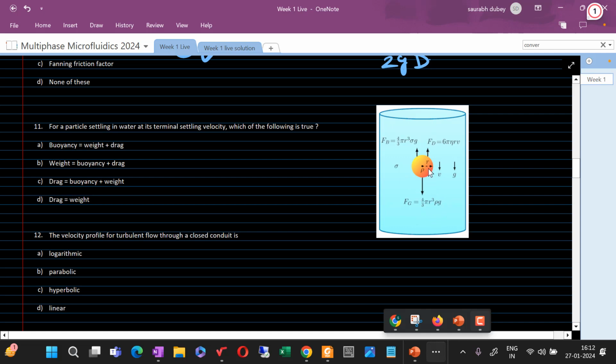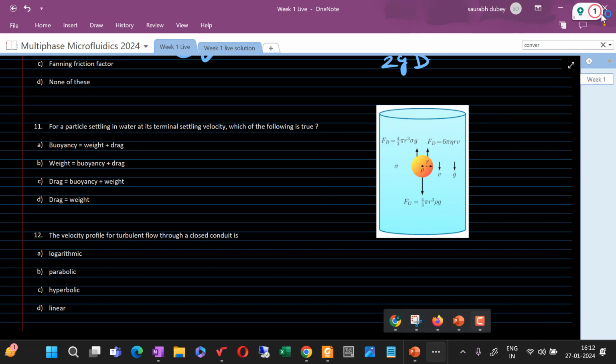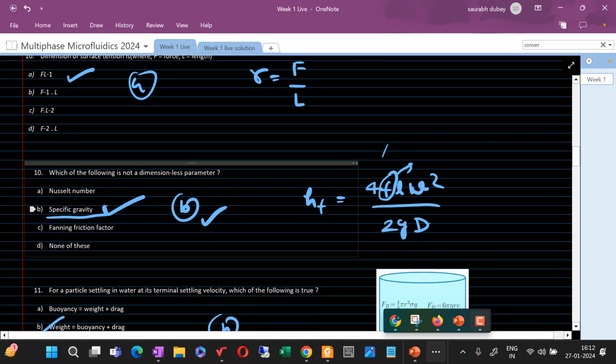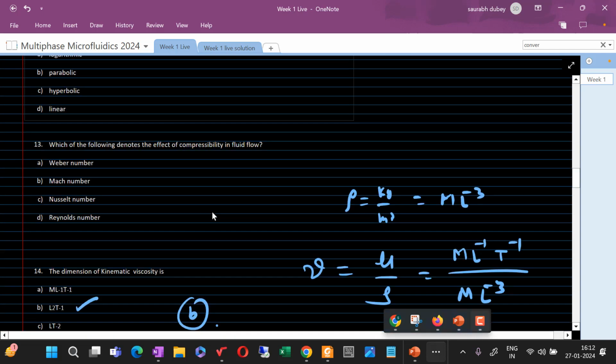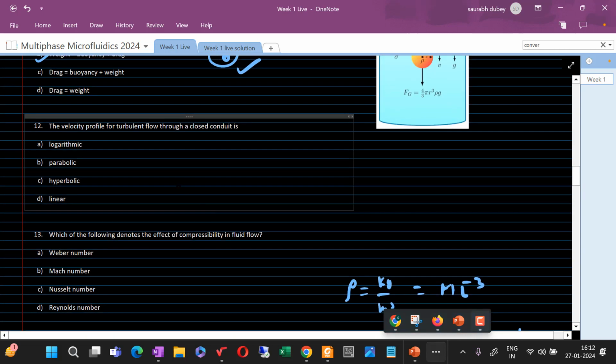So in that sense, B is the correct answer for this. Next, the velocity profile for the turbulent flow through a closed conduit is logarithmic.